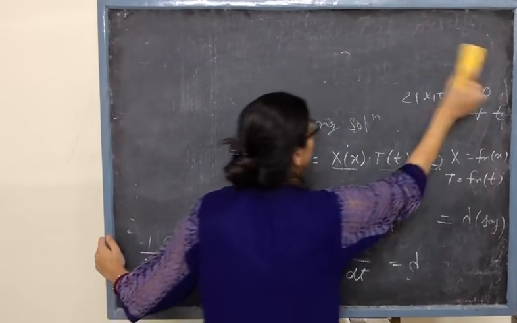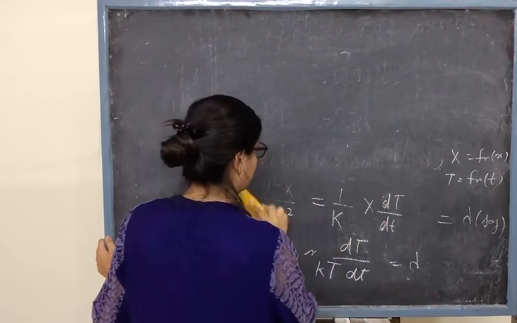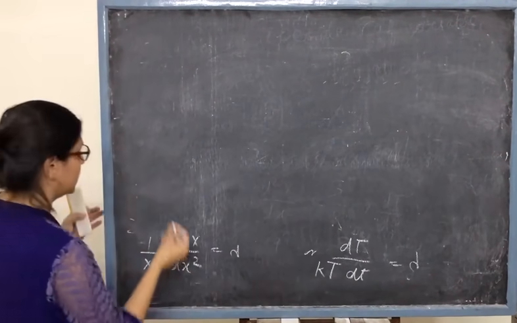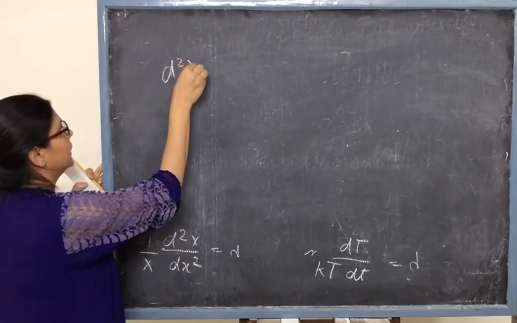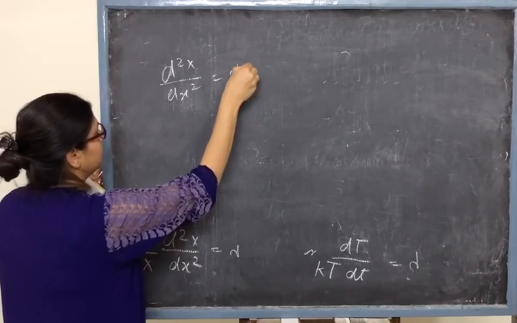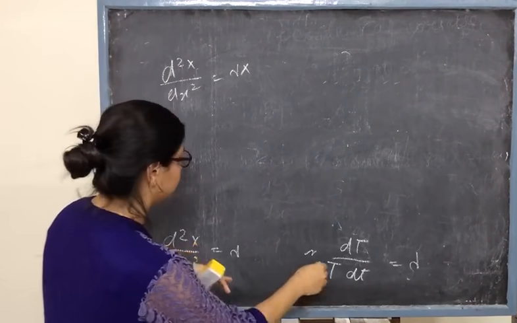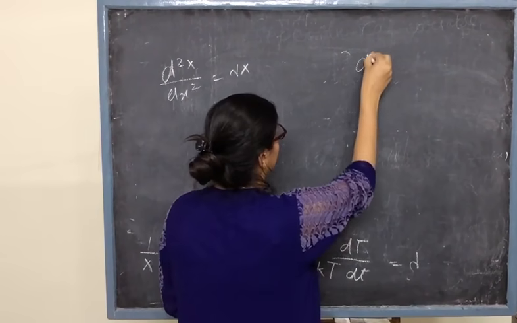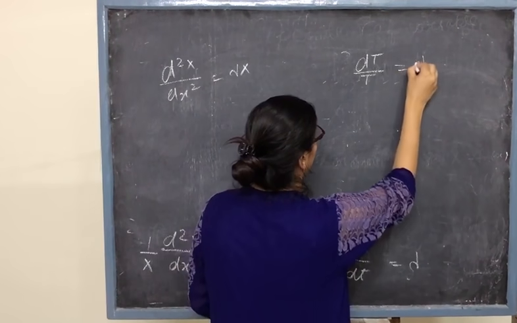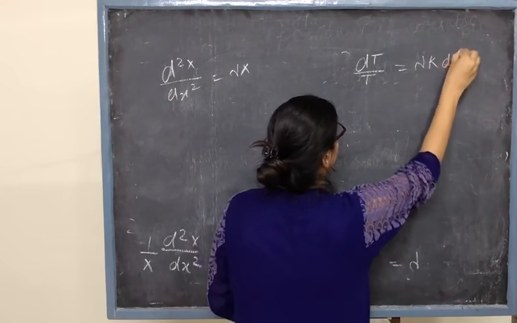Solving these equations, this one is of the form d2X over dx square equals lambda X, and this one is dT over T equals lambda k dt.